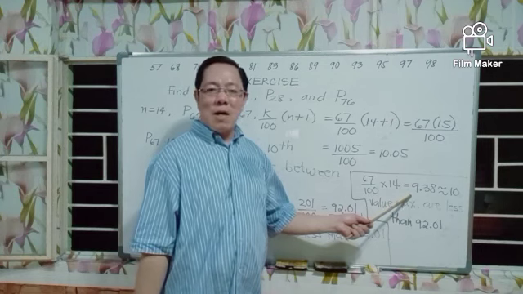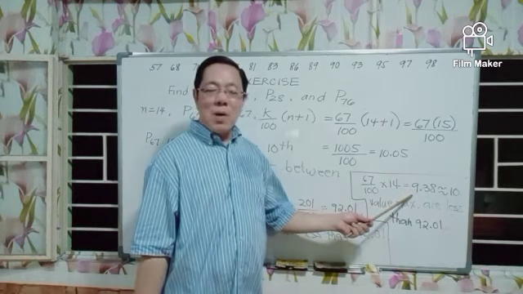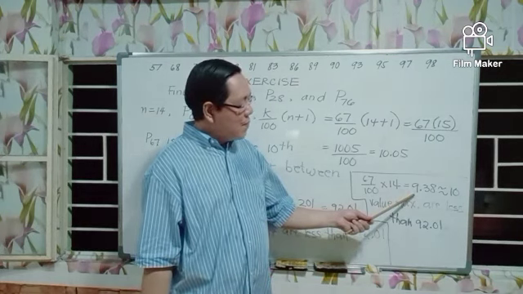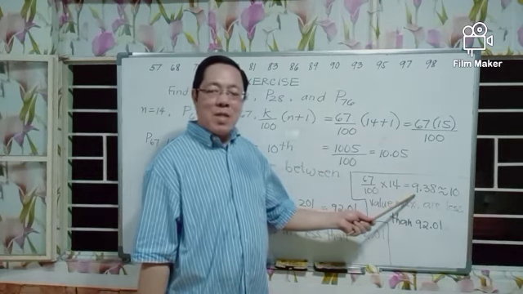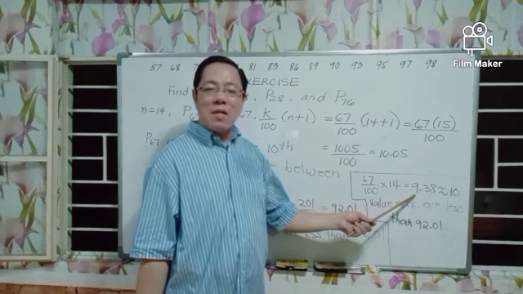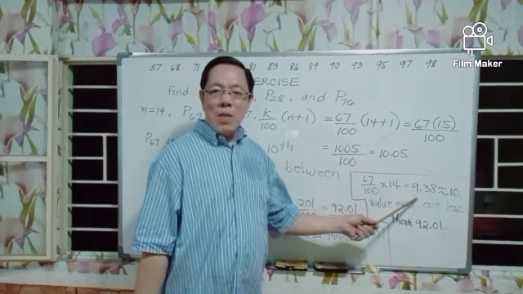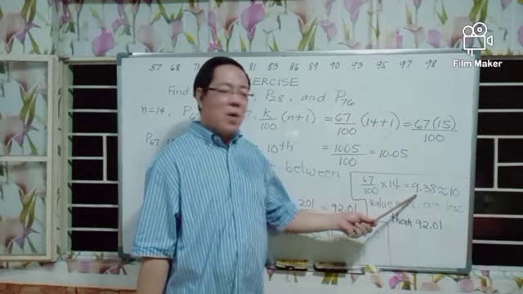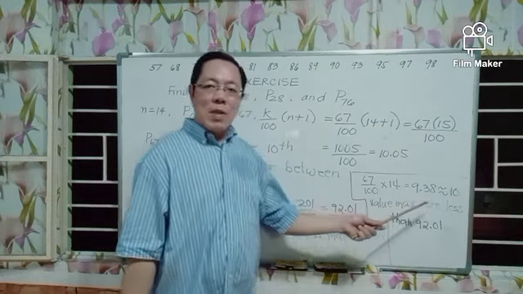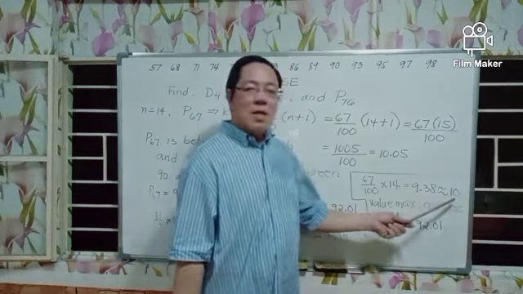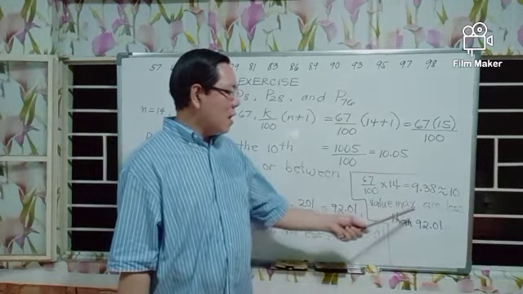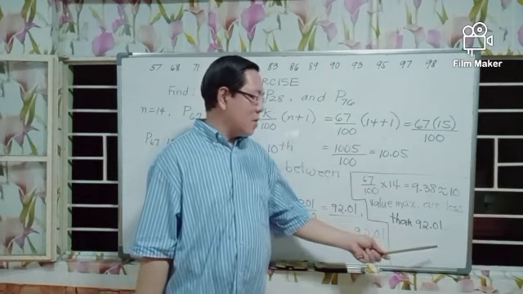Again, you take the whole number or the positive integer that is the smallest whole number that is greater than 9.38, and that whole number or positive integer is 10. 10 values maximum are less than 92.01.